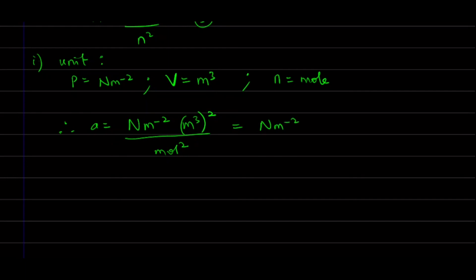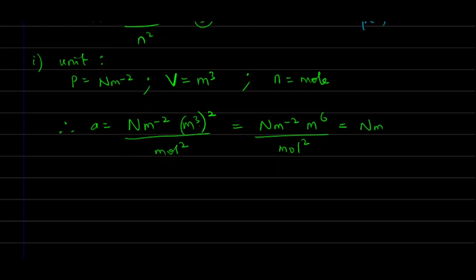If I simplify this by applying x^m to the power n, I can as well write it as x to the power m times n. So we try to use that principle. Here we are going to be multiplying 3 times 2. That gives us m raised power 6 over mole squared. So if I use indices to solve this, we are going to be having Newton, the m.